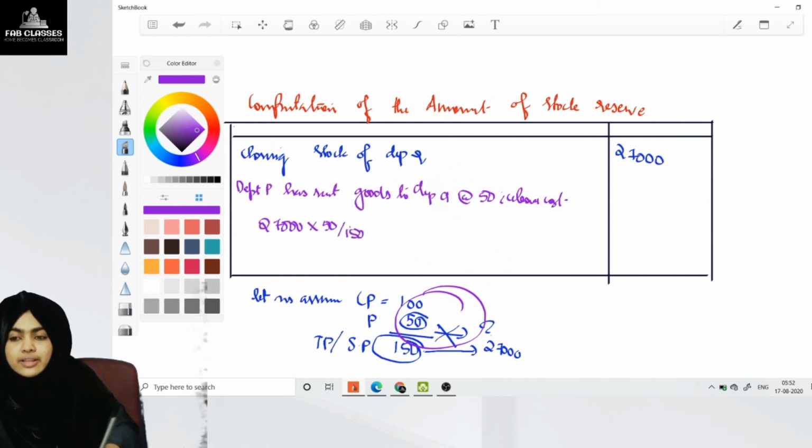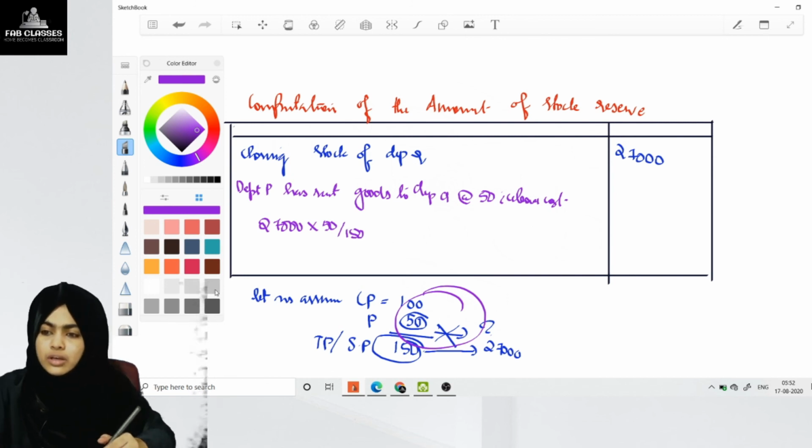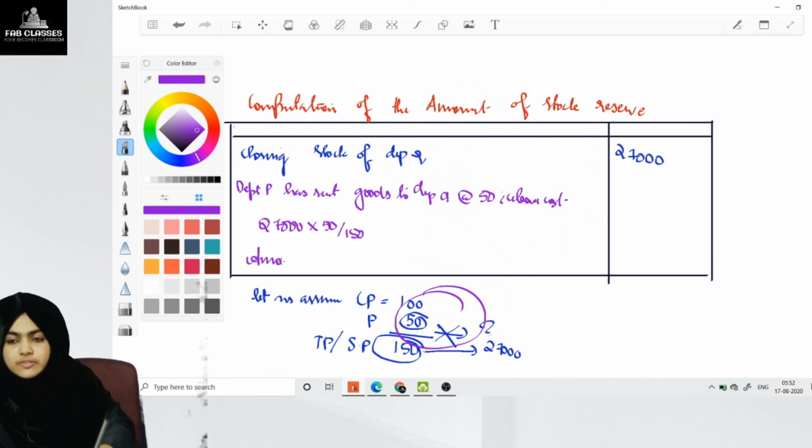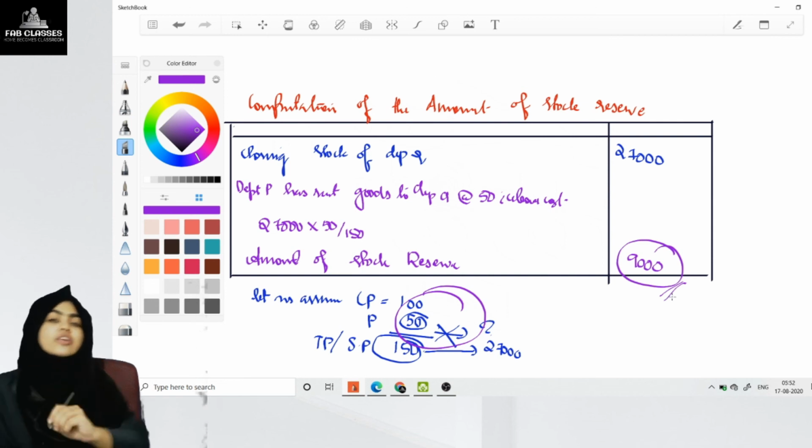So the amount of stock reserve is 9,000. This is the value of the stock reserve.